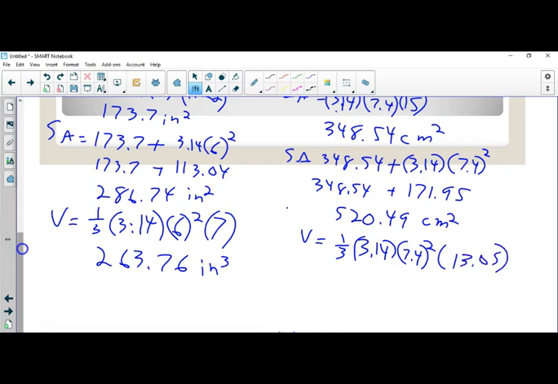We do the square first, 7.4 squared times 13.05 times 3.14, and then we divide it by 3. And then we get 747.97 centimeters cubed.